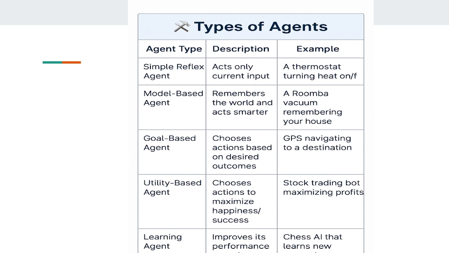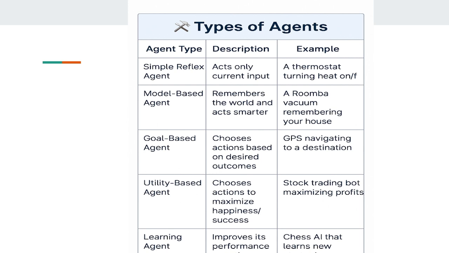Then you have the goal-based agent. This chooses actions based on desired outcomes. An example of this would be GPS. When you use a GPS, the main thing it's concerned with is trying to get you to your destination in the quickest, most efficient time possible.